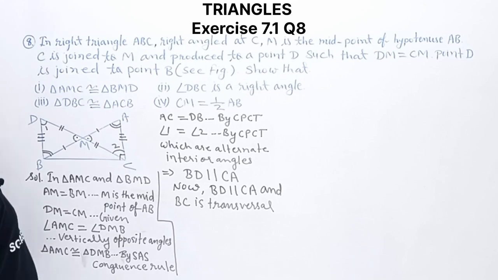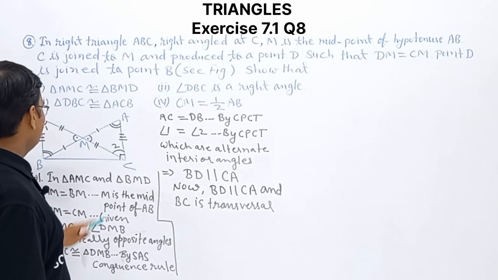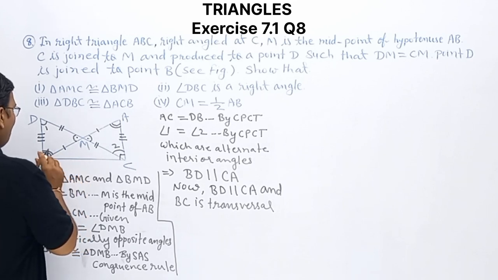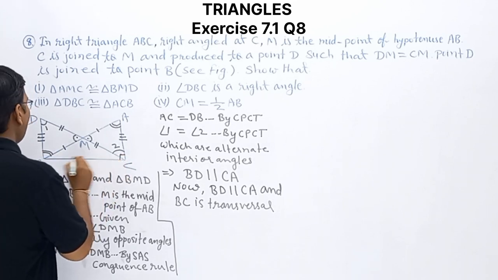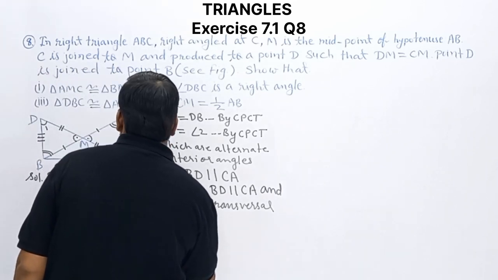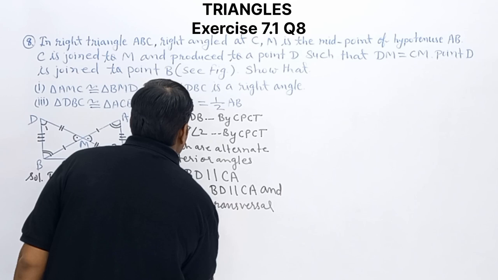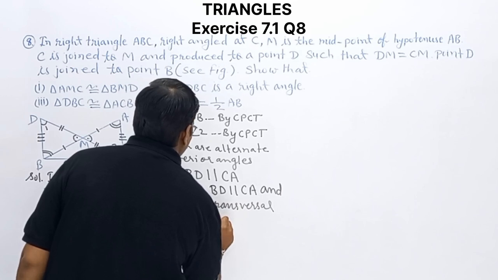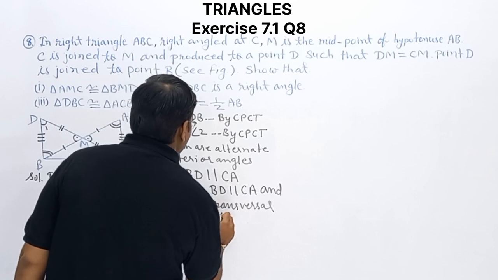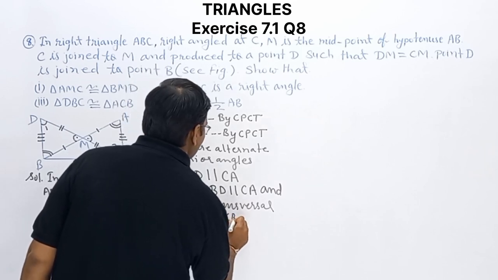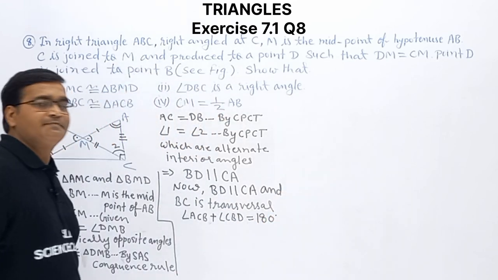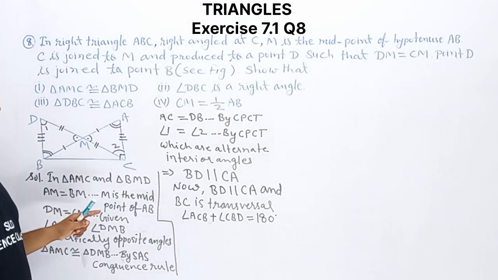Then we can say the sum of this angle and this angle, I am writing angle CB equal to angle ACB plus angle CBD equal to 180 degrees.